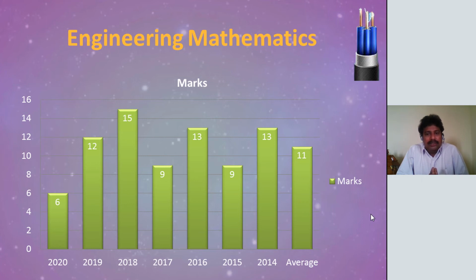If you take the average over this period, mathematics has a weightage of 11 marks. That means out of 85 marks, 11 marks will come from engineering mathematics. 11 by 85 comes to approximately 14%. It means out of the total 85 marks, engineering mathematics will have a weightage of approximately 14 to 15%.